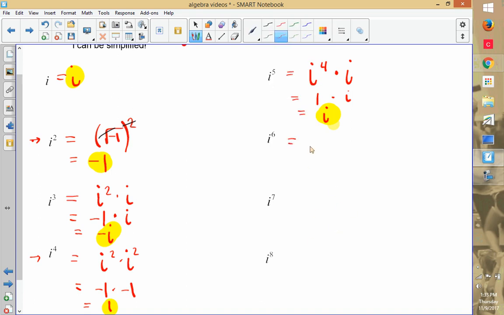i to the sixth is i to the fourth times i to the second. i to the fourth is 1, and i to the second is negative 1, which means i to the sixth is the same thing as negative 1. i to the seventh can be written as i to the fourth times i to the third. i to the fourth is 1, i to the third is negative i, so I'm going to get negative i.